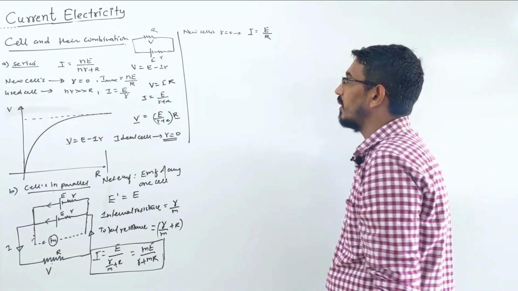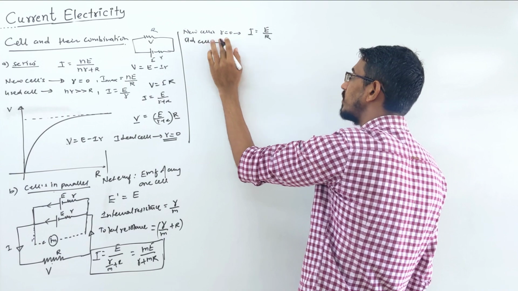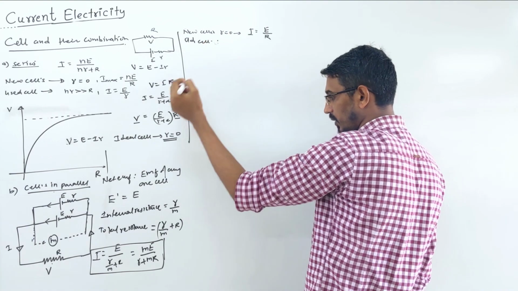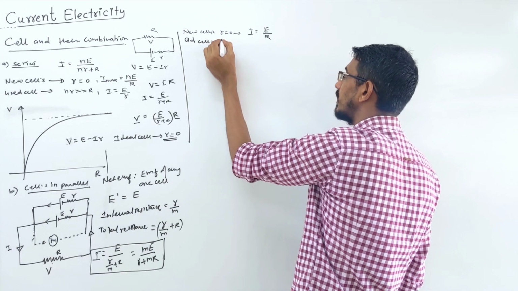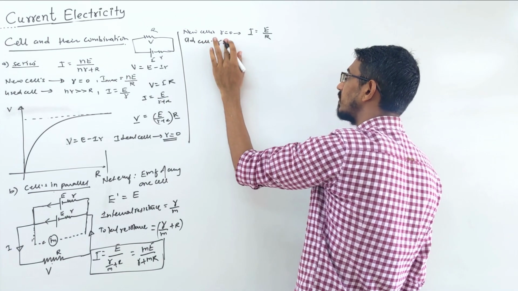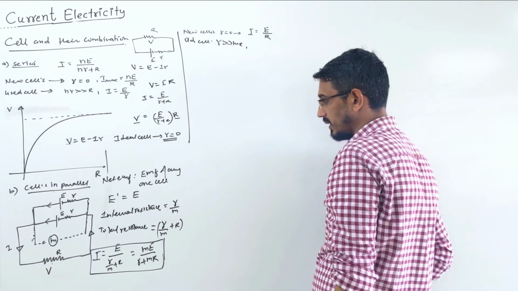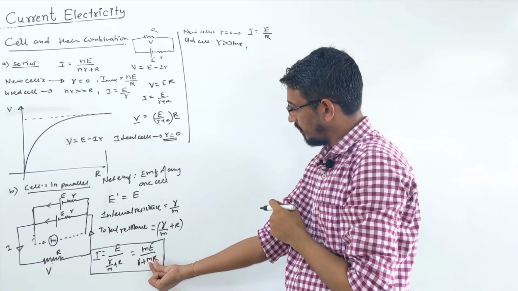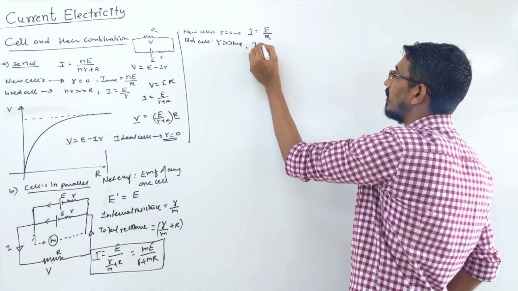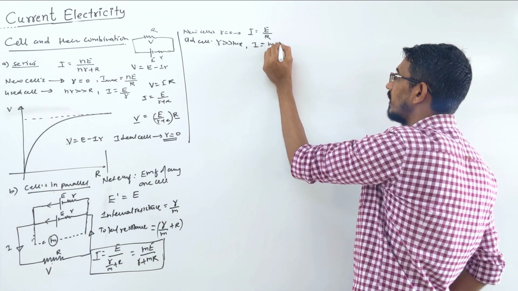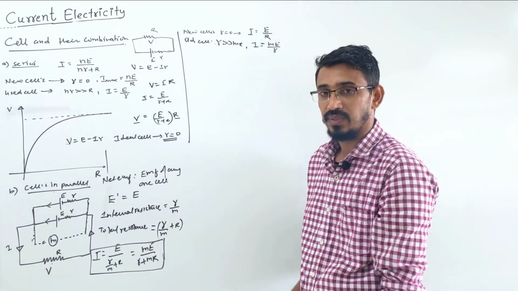Now look at an old, used cell, where your resistance r is much greater than M into R. In that case you neglect the MR term. Since r is very big, your current becomes M into E upon r. Correct? This is a big current.